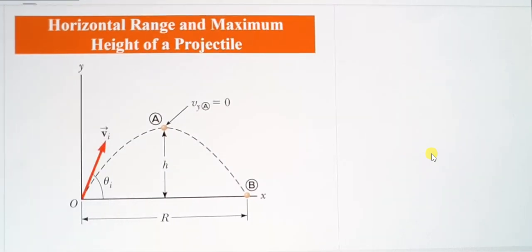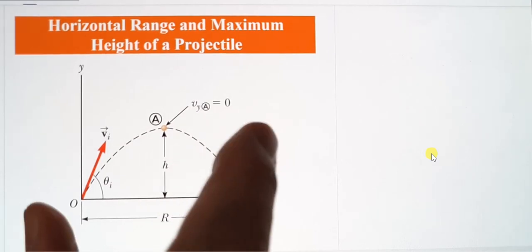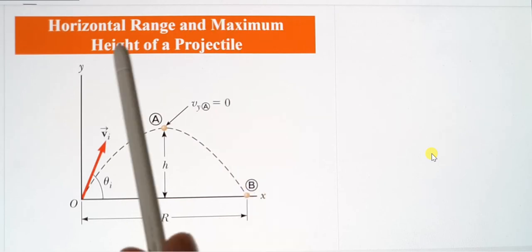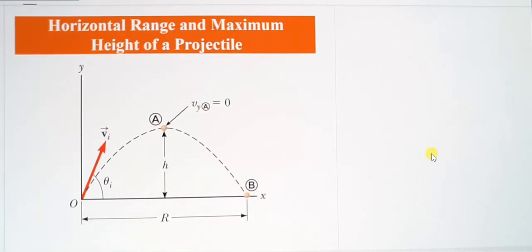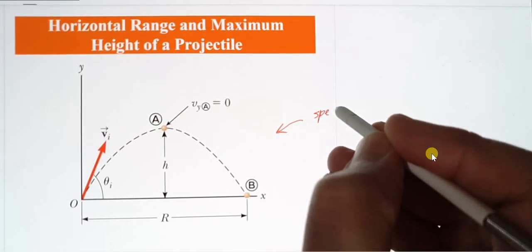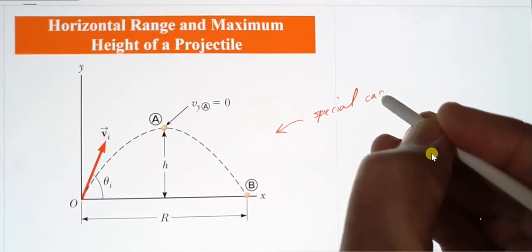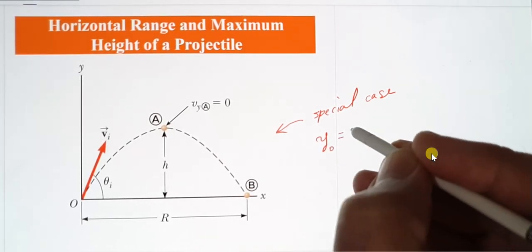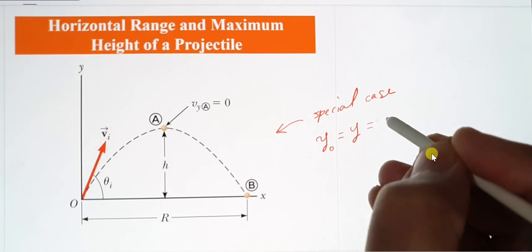Now I have, I don't know, I have a problem with the book doing all these derivations. So, horizontal range and maximum height of a projectile motion. Well, the first problem is this is only a special case, when y naught is equal to y is equal to 0.